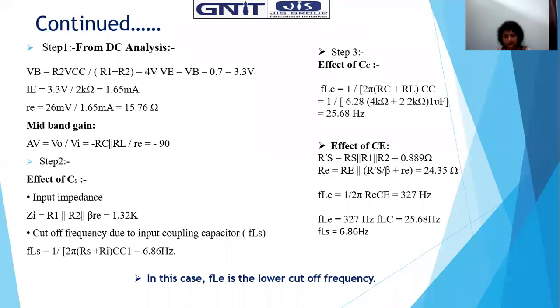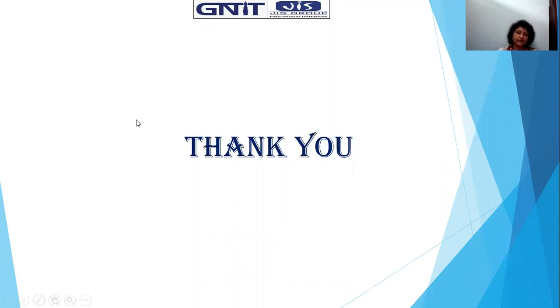So what we have analyzed today is how to get the lower cutoff frequency of a transistor-based amplifier, not only for the numericals, and step by step I have shown you how to calculate all the resistances as well as the cutoff frequency. While we are calculating resistances, we are fixing the design considerations.